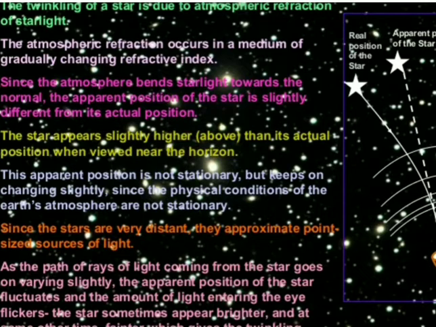We can say the total variation in the amount of light entering our eyes nullifies the twinkling effect. That's why the planets do not appear to twinkle, whereas the stars appear to twinkle due to the phenomenon of atmospheric refraction. So I think this phenomenon is clear to you.